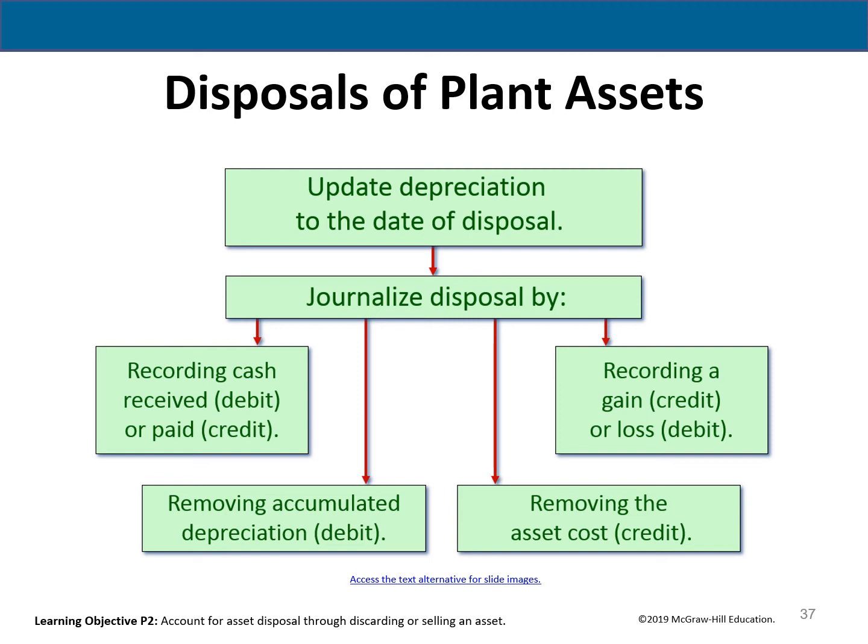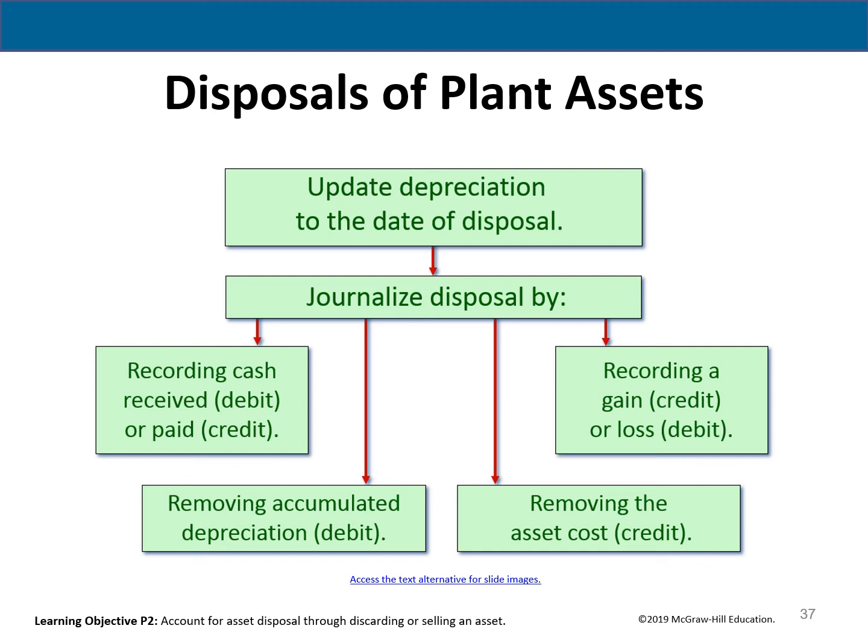Then, and we of course make a journal entry for it, then we make a journal entry for the actual disposal. So what we do is, depending on how it's disposed of, if it's sold, we first debit cash for the amount we receive.